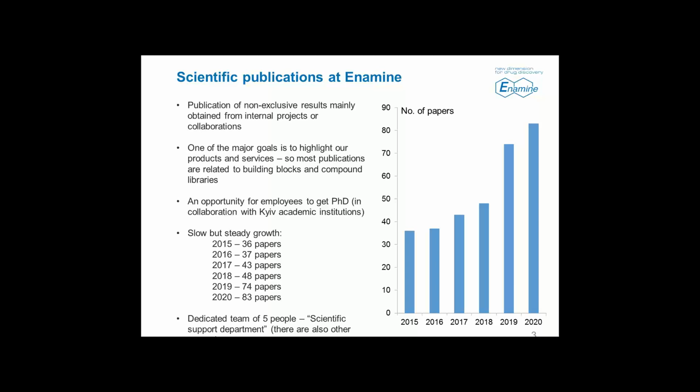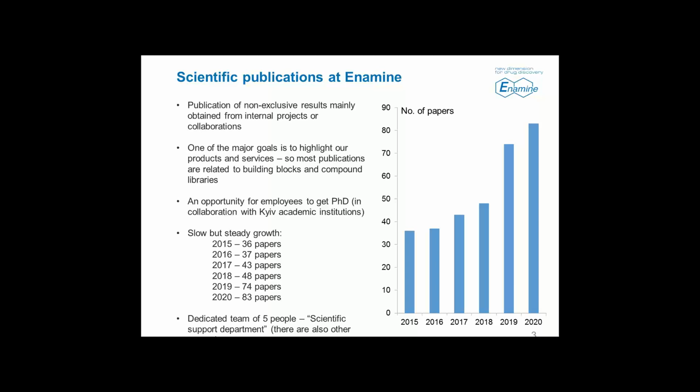Mainly, we are publishing our results from our non-exclusive projects that are either completely internal or some collaborations, first of all with Ukrainian academic institutions and with other companies and academic institutions worldwide. Of course, the major interest of Enamine here is to highlight our products in these publications.